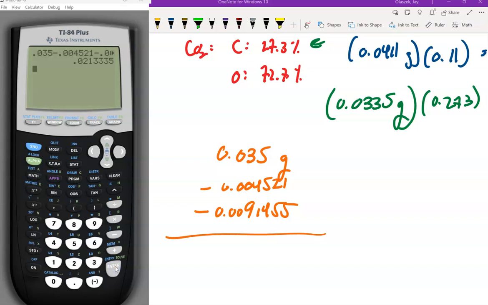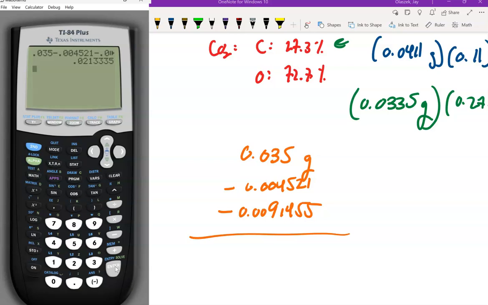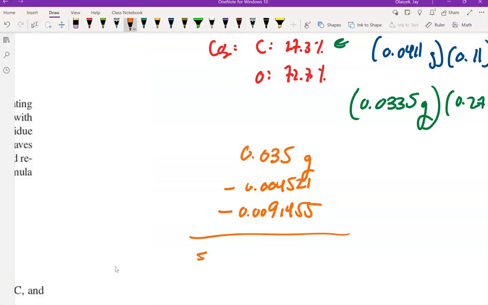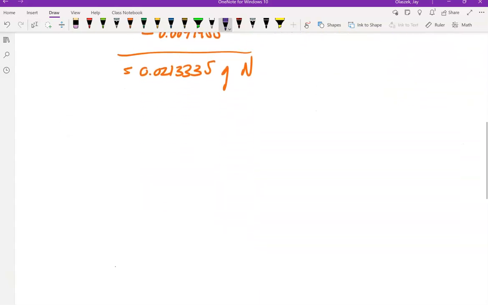Here's how much nitrogen we're talking about: 0.0213335 grams of nitrogen. Okay, everybody, we've got a mass of hydrogen, a mass of carbon, and a mass of nitrogen. Let's do what we used to do back in the day and find moles.